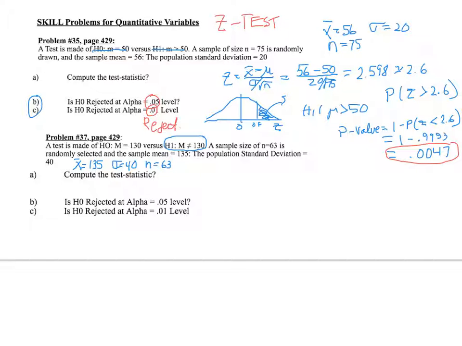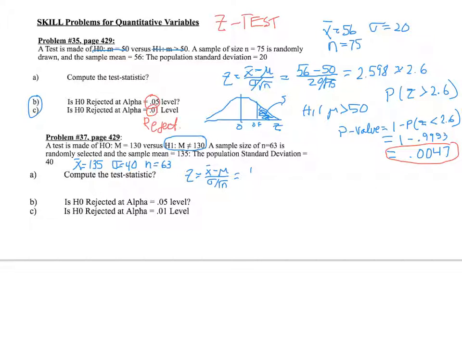It says compute the test statistic. Since we know the population standard deviation, we'll be using a z: x bar minus mu divided by sigma over square root of n. That's how we start memorizing things. We keep writing the formula down.